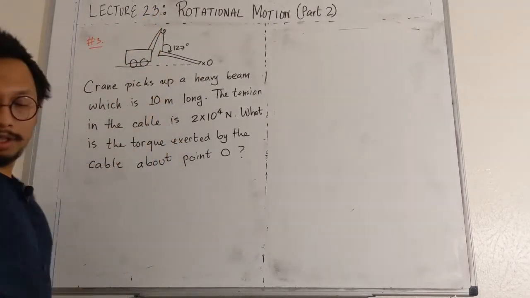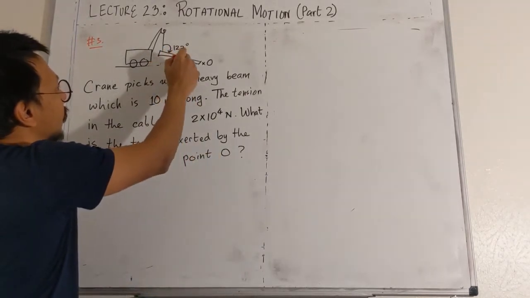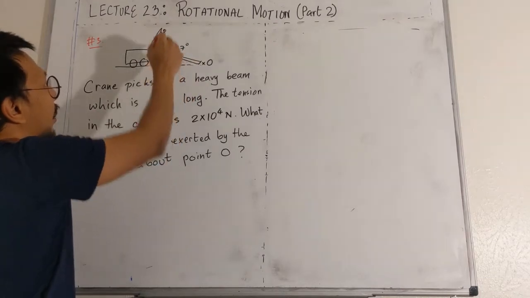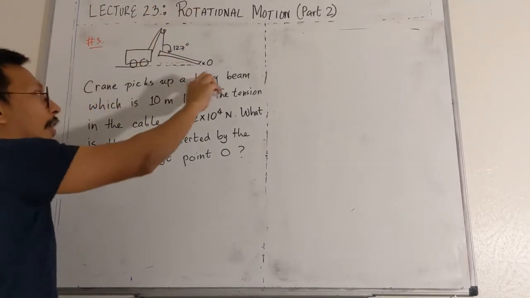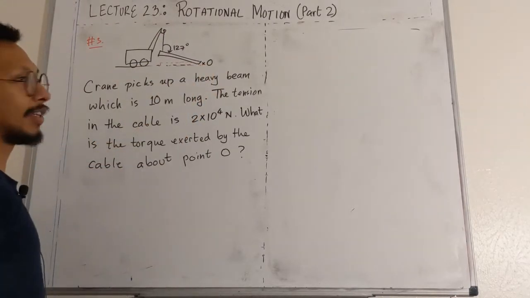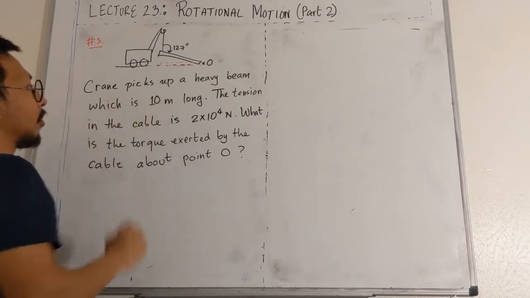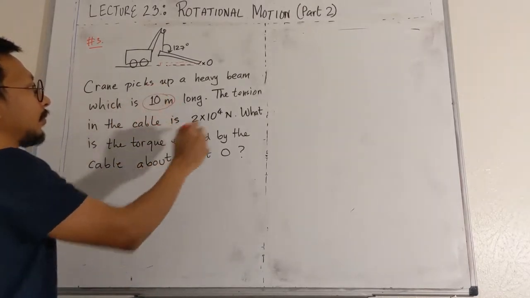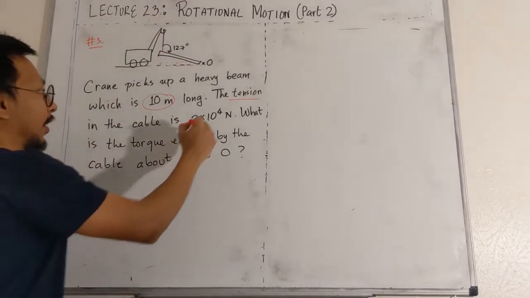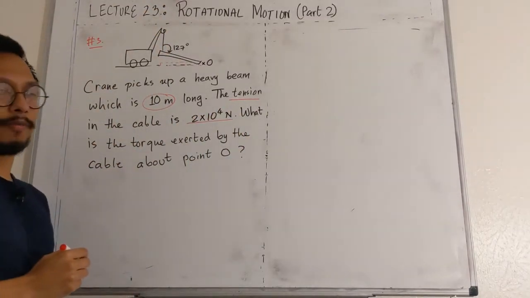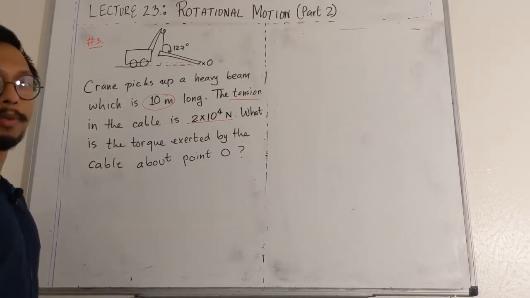As we can see, the implied original position of the beam was lying horizontal on the ground, and the crane is picking it up by exerting a turning effect around this point O, or exerting a torque around point O. The heavy beam is 10 meters long. The tension in the cable that is producing this torque is 2 times 10 to the 4 newtons. What is the torque exerted by the cable about point O?